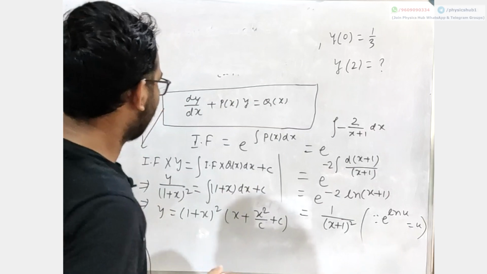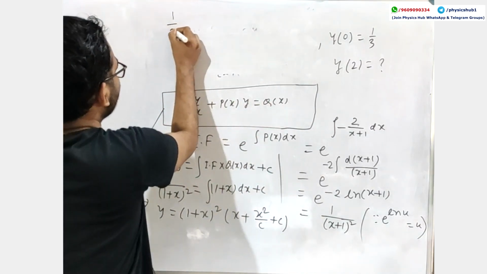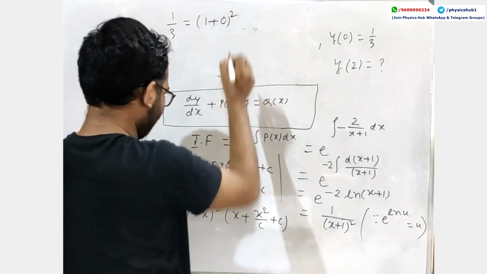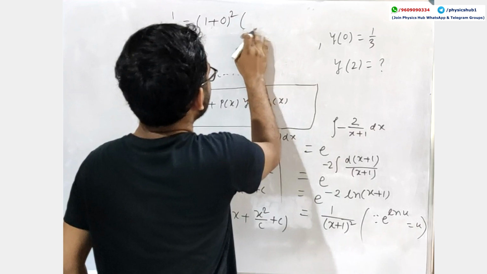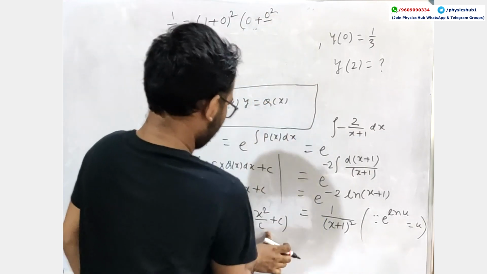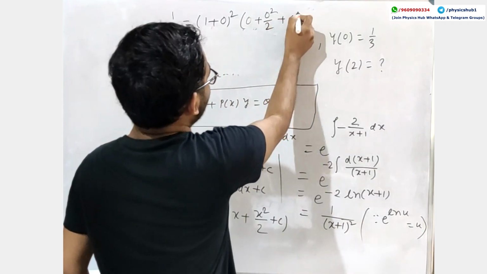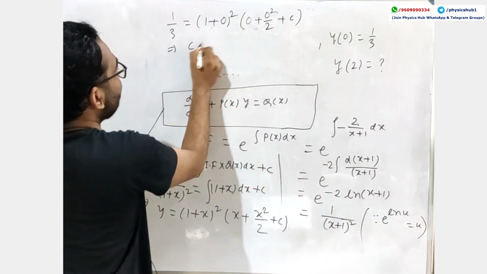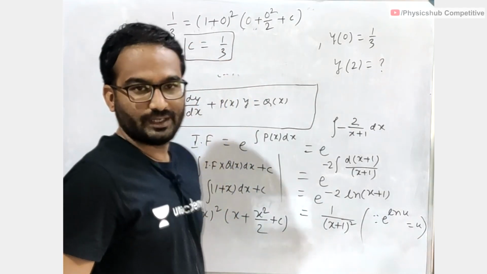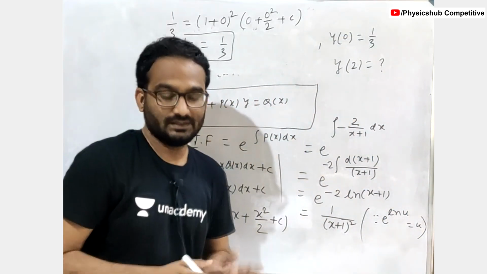Just put x equals 0 in this expression and y equals 1/3. 1 plus 0 whole square, then this 0 plus 0 square by 2, plus c. So we are getting c to be 1/3. We got the value of c to be 1/3.